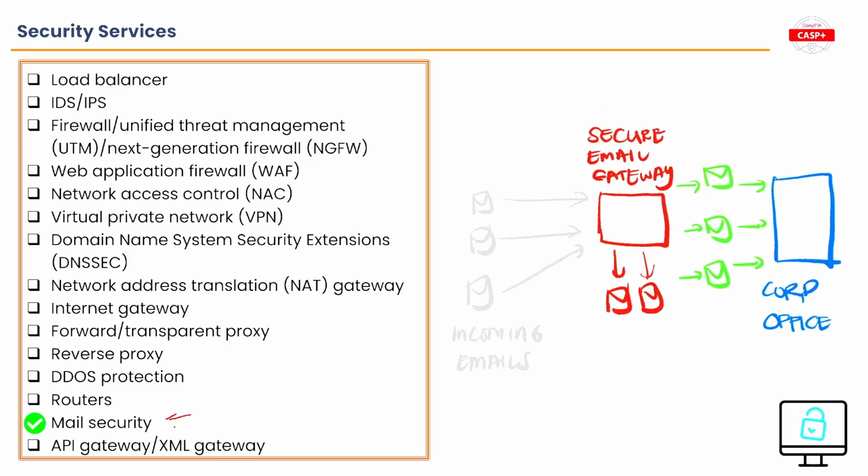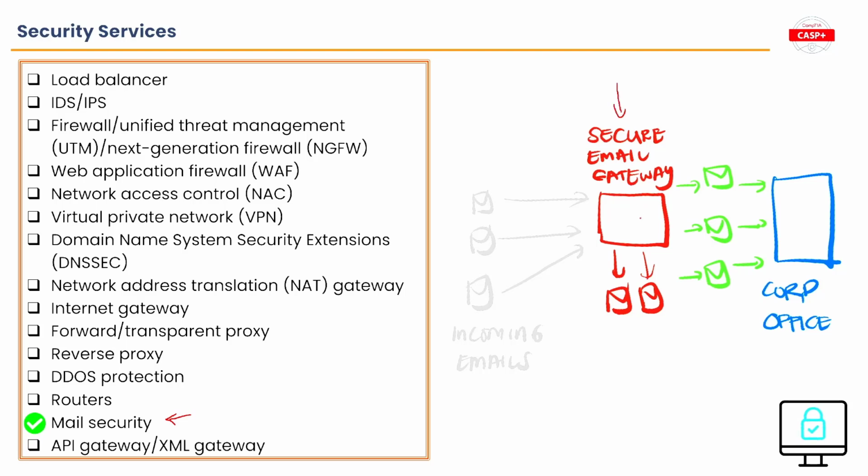Another component here is email security. Email security refers to how email accounts and the content and communications shared through them are protected against unauthorized access, data loss, and other types of compromise. It includes tried and tested methods like password protection and email encryption, as well as more advanced features like spam filtering and stopping fraud. If you have incoming emails, they have to go to a secure email gateway first.